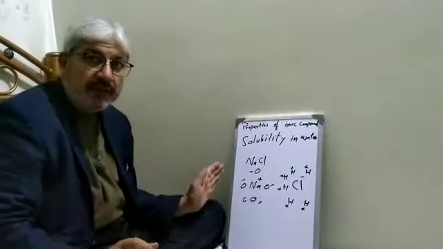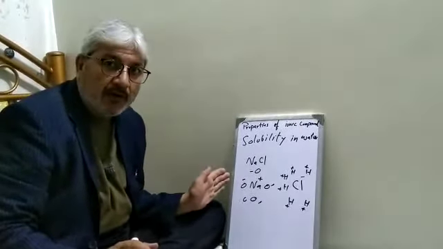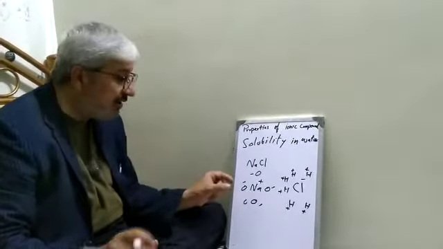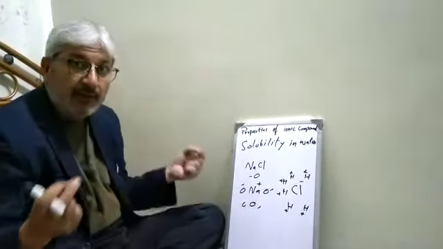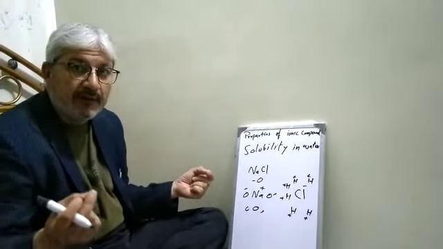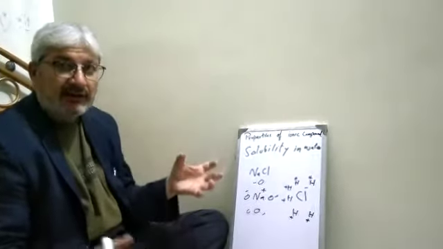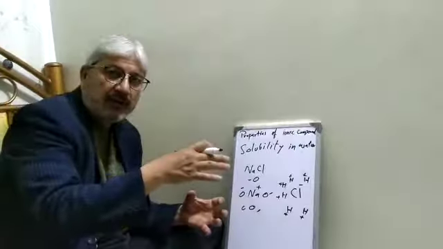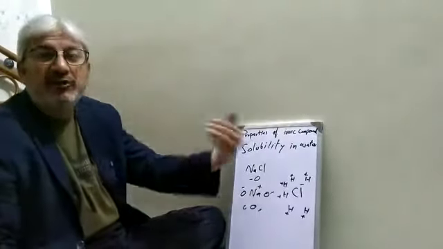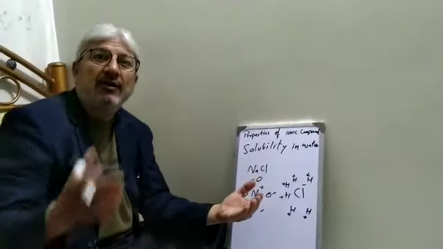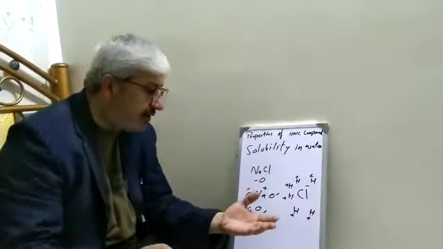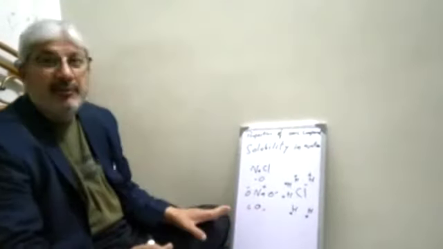So most of the ionic compounds are soluble in water because they are separated in water into negative and positive ions. Negative ions are surrounded by hydrogen atoms, and positive ions are surrounded by oxygen atoms, which are negatively charged. Hence, they are separated.